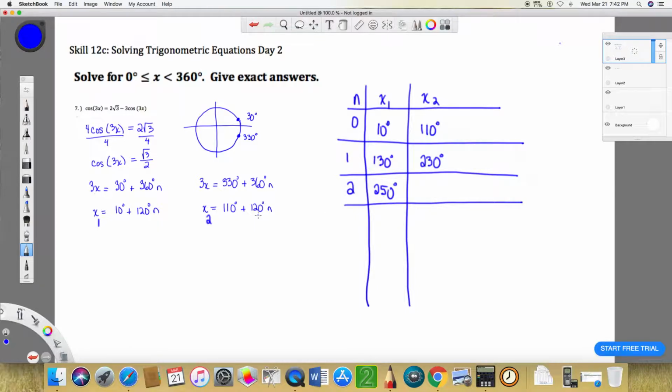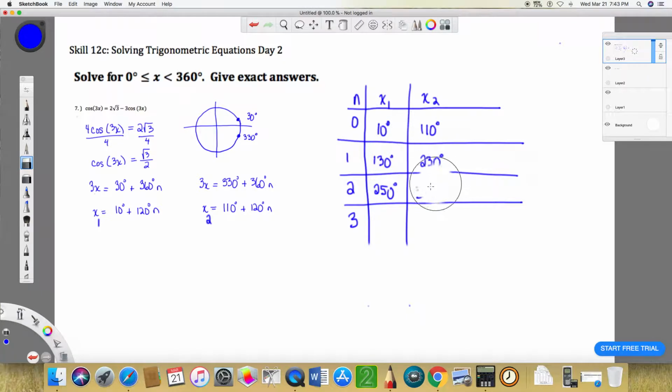If we double this, we've got 240 plus 110, so I've got 350. And that's definitely below 360. If we go out to 3, that's going to be 360 plus 10, which is 370. That's bigger than 360. If we let this be 3, we're going to get 360 plus 110, so that's bigger than 1 revolution. So no need to even fill these out.